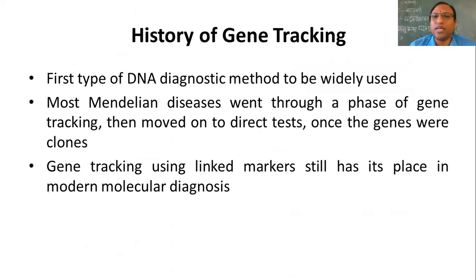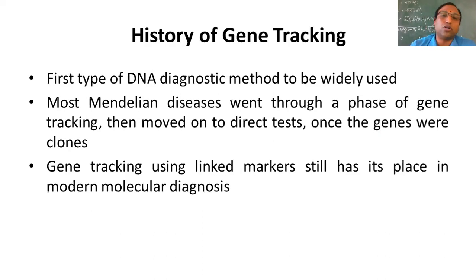It was the first type of DNA diagnostic method to be widely used, and most Mendelian diseases went through a phase of gene tracking and then moved on to direct testing. Once the genes are cloned, they go back to direct testing. Still, gene tracking using linked markers has its place in modern molecular diagnosis.